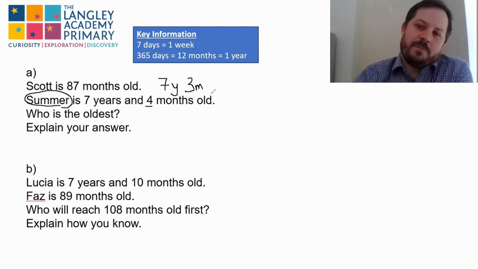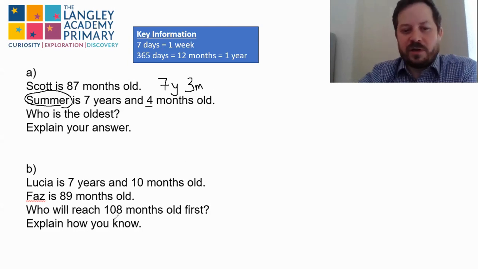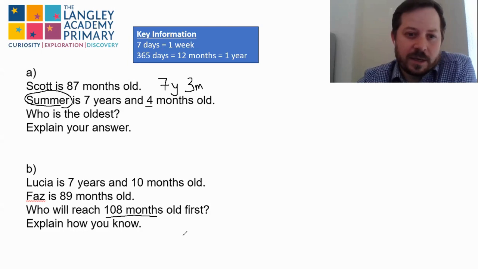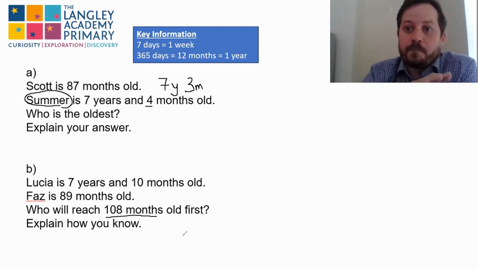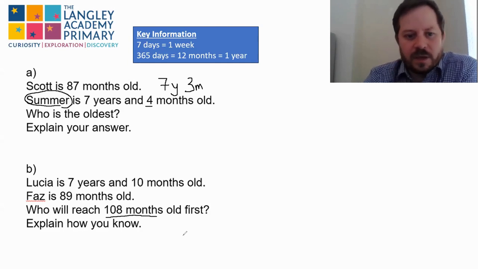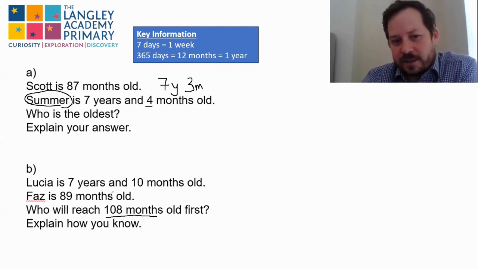Conversely, if we're looking at B, because we're trying to find out who will reach 108 months old first, actually it's better for us to convert it into months rather than converting it into years and months. So we can leave Faz and his 89 months old, we can leave that as is.